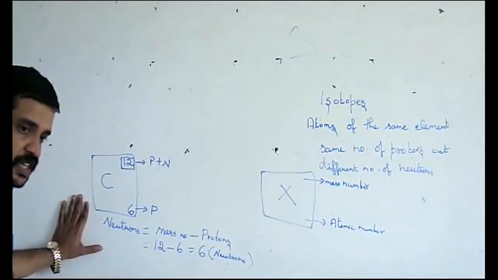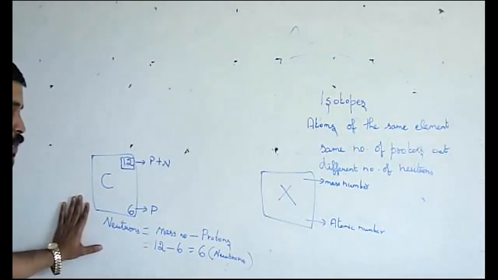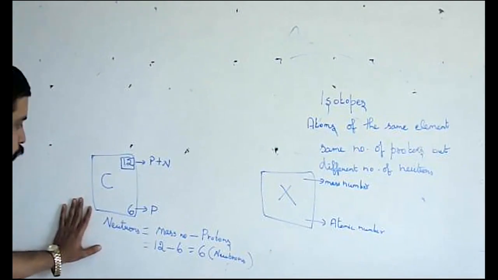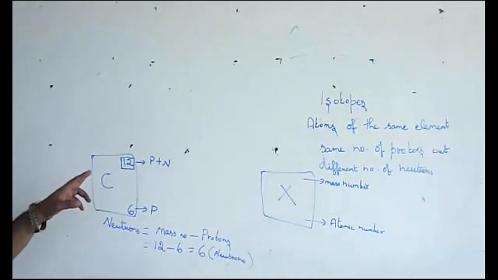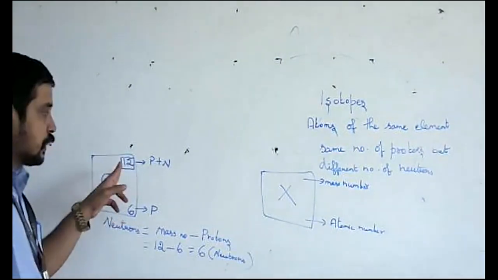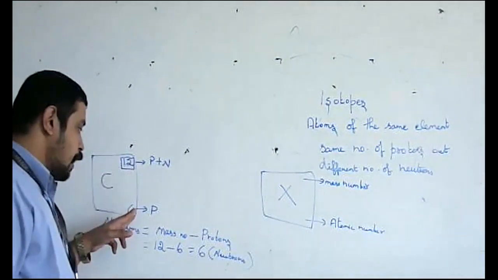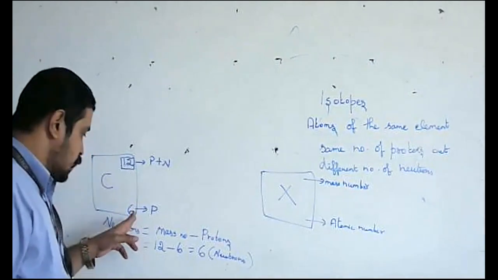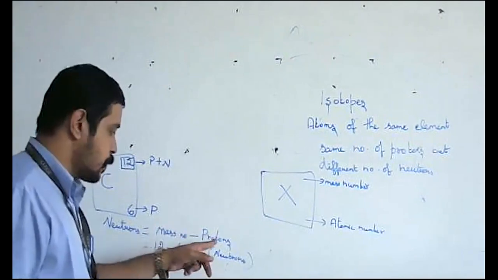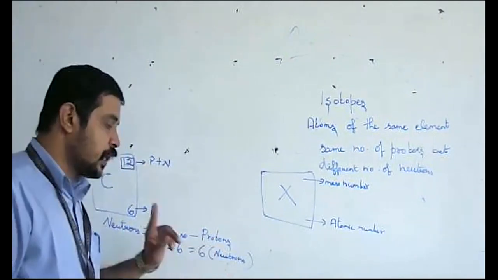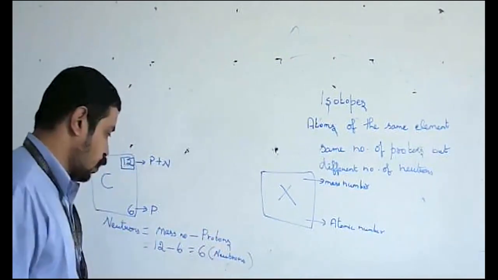So, this is how a very simple representation goes with elements. This is especially for people from different backgrounds. For a carbon atom with mass number 12 and atomic number 6, we get the number of neutrons by subtracting the proton number from the mass number.